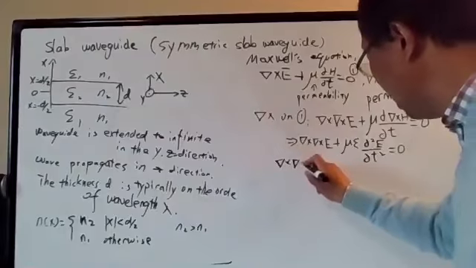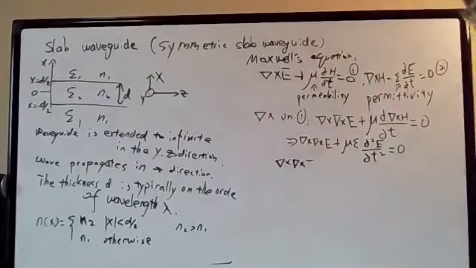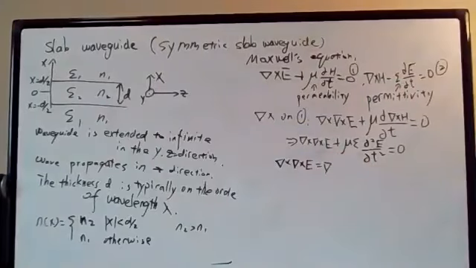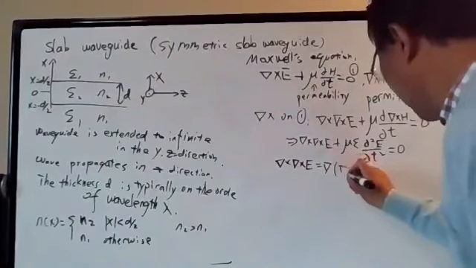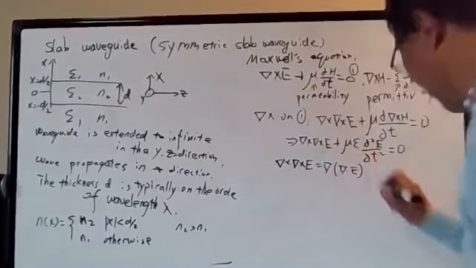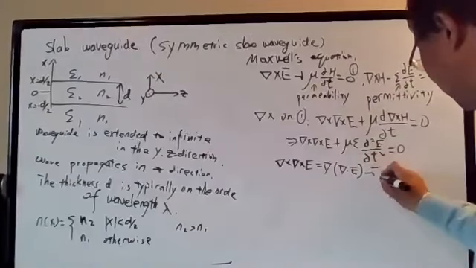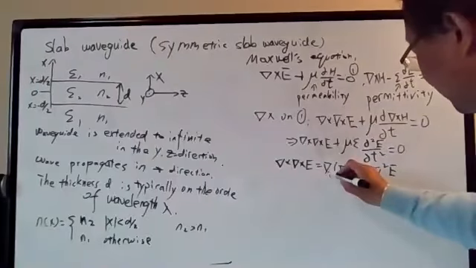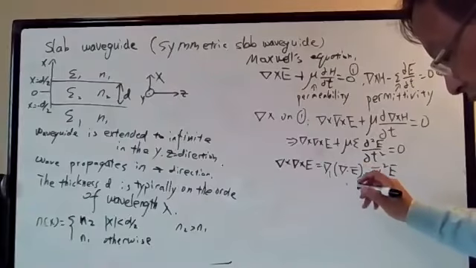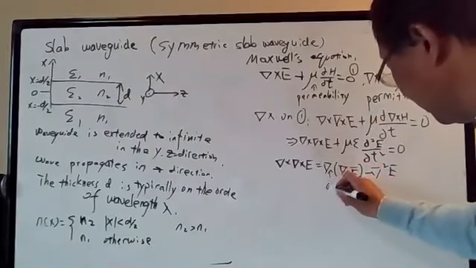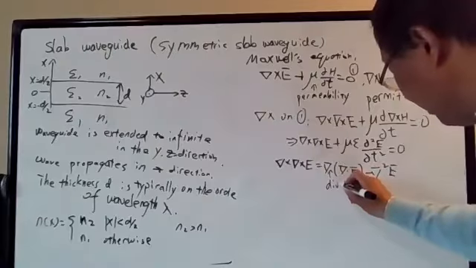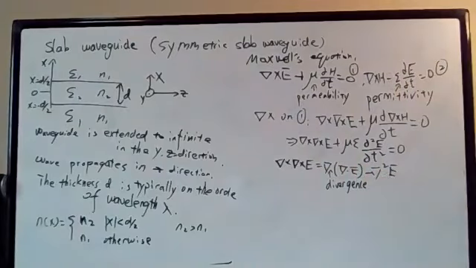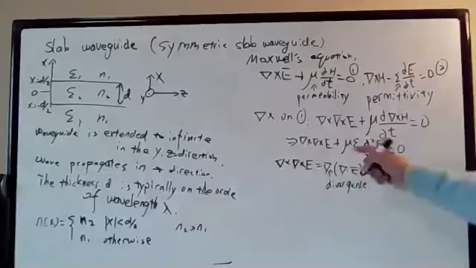Now let's use the identity in this operator: curl of curl of E equals the gradient of the divergence of E minus this Laplacian operator, right? So this operator is the divergence, and this is the gradient.